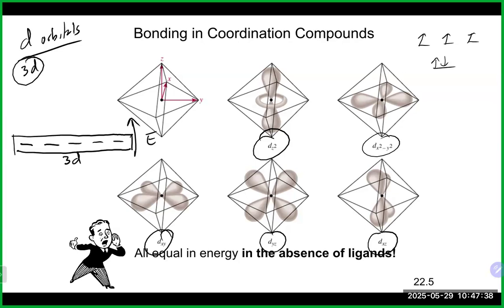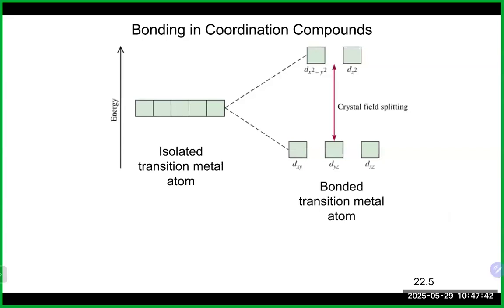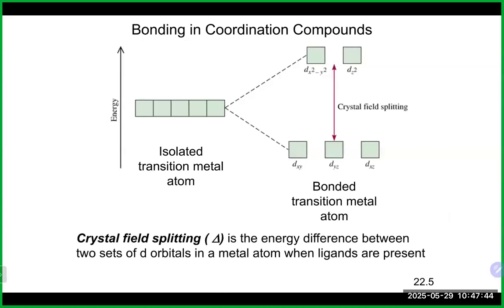Now, what happens when we start to add ligands to the mix is we get a separation of the 5 d orbitals in terms of their energy. What we're looking at here is a coordination number of 6 and an octahedral geometry.